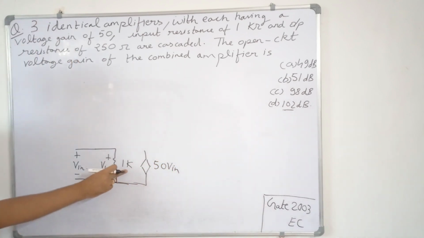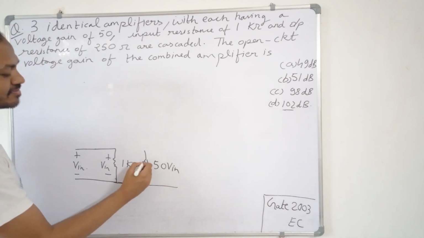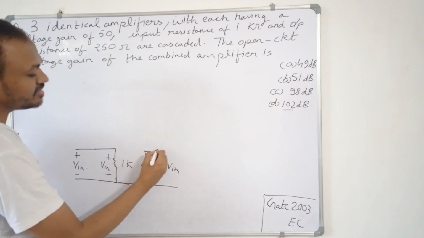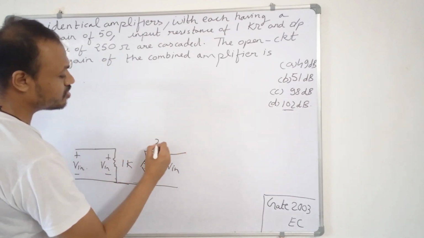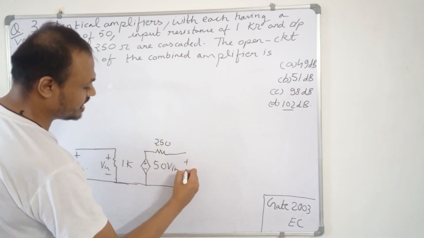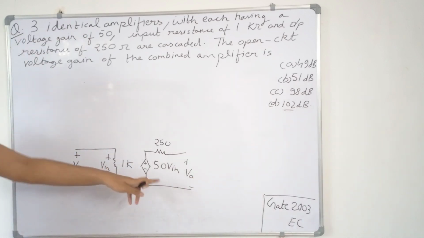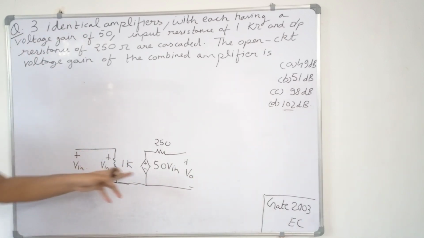The input voltage is across this 1K resistance, and there is a 250 ohm output resistance, and this will be the output voltage. This is how we can represent a single voltage amplifier.